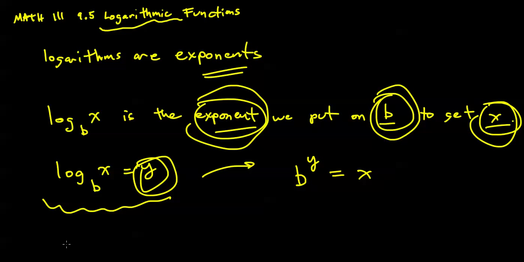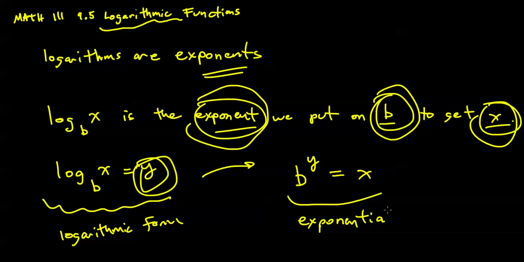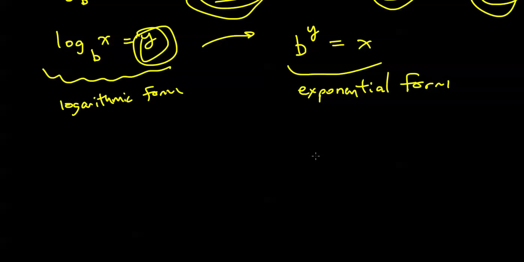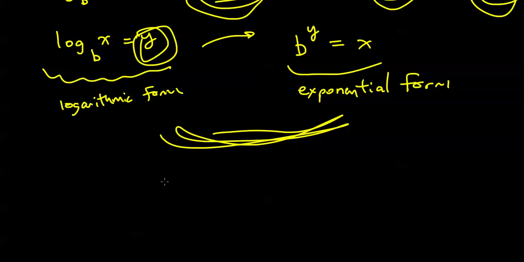This equation here is in logarithmic form, and this equation right here is in exponential form. They're both equivalent equations. They both say the same thing, one in terms of exponents and one in terms of logarithms. We should be able to go back and forth between log and exponential form fairly easily.